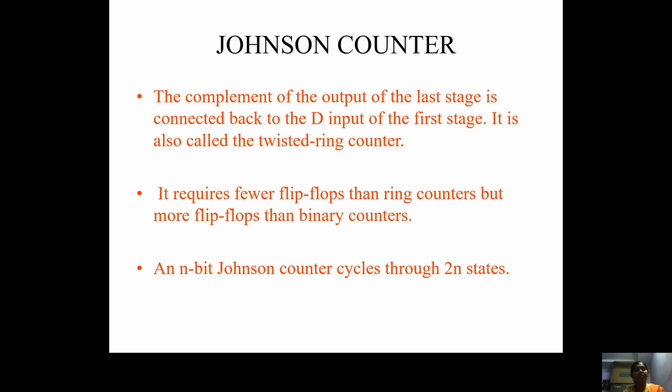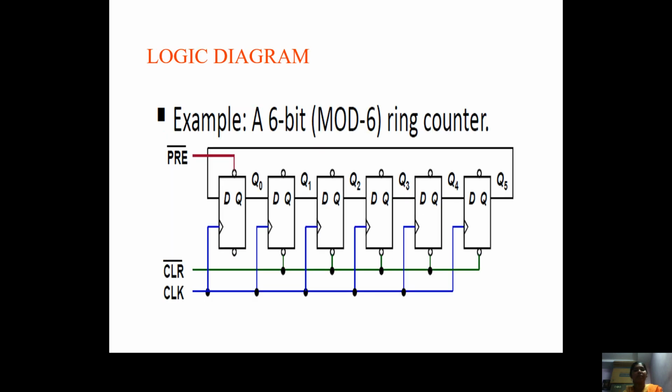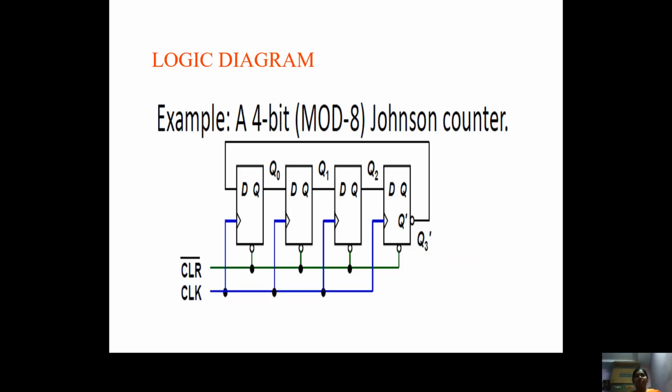If we see the shift register counter, Q5 is directly applied to the input of the first stage flip-flop. Whereas if you look at this 4-bit mod 8 Johnson counter, Q bar, the complementary output of the last flip-flop, is going to be applied as the feedback input to the first flip-flop.